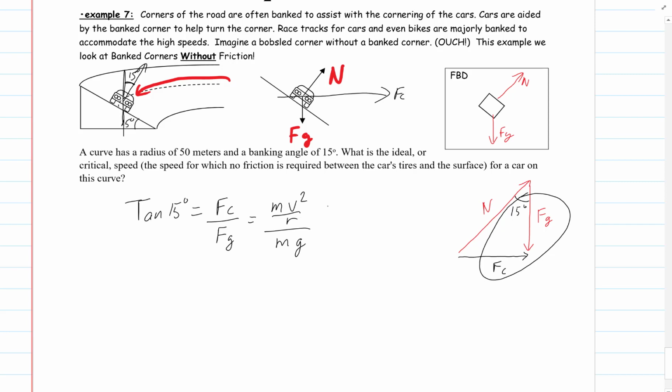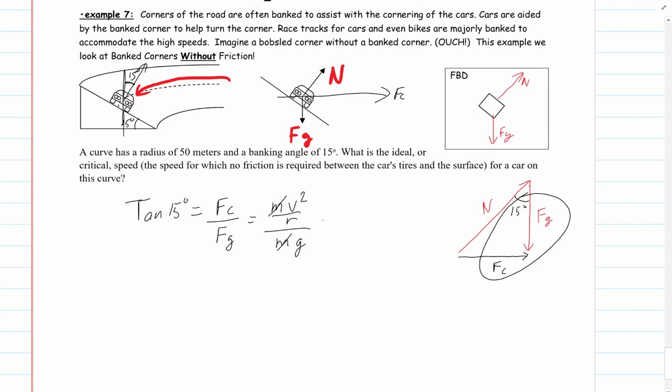Now, we're not given the mass of the cars. Luckily, it does cancel out. We don't need it. That's why there are no roads that say you have to be this weight else you slide off. The mass doesn't really matter.